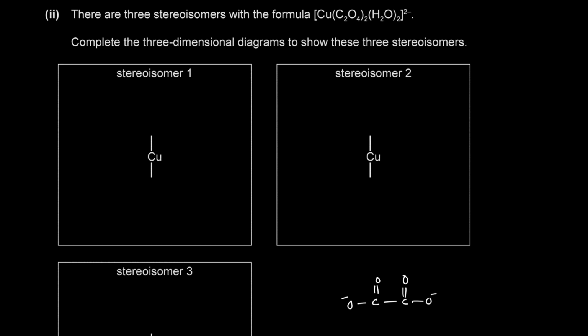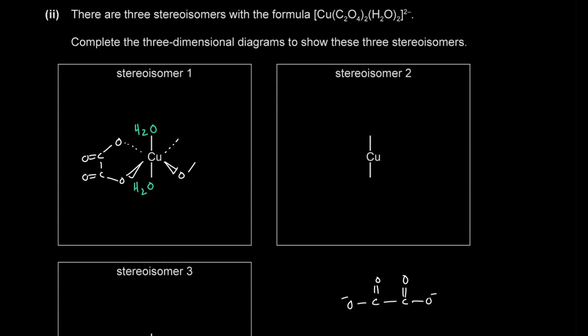So over here, what we can have is the two water molecules directly opposite each other like this, right? That would be the trans isomer, and then the two bidentate ligands would be like this. We have an oxygen bonded to a C double bond O, bonded to a C double bond O, bonded to an oxygen like this, and then the same thing on the other side.